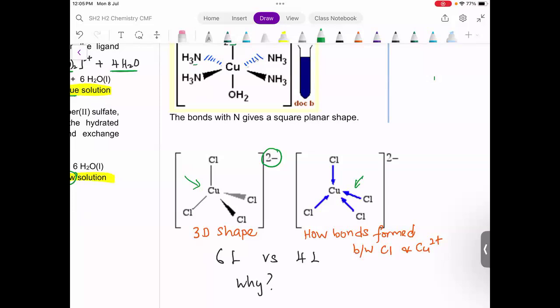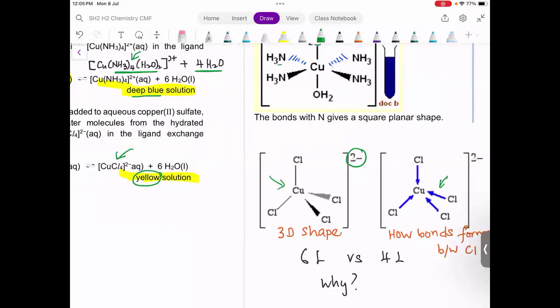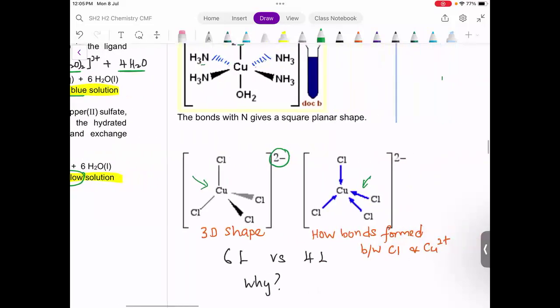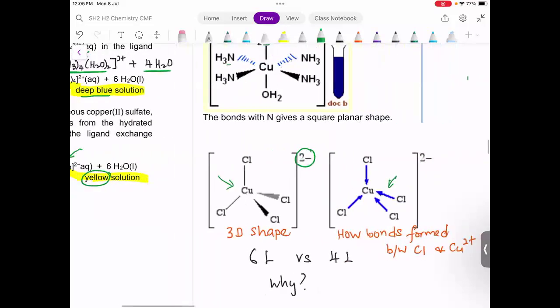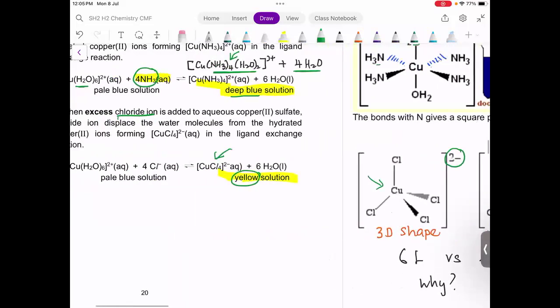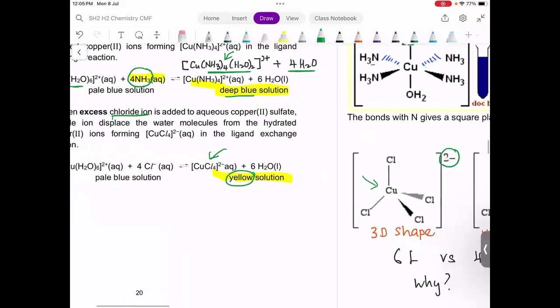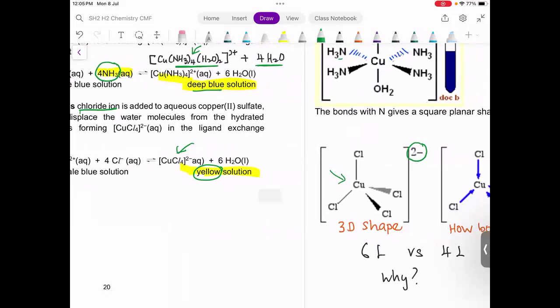Larger size means that it can accommodate fewer ligands around the same cation center. You must know how to answer this. It was asked in 2022. I mean, if you can remember. Okay, so far so good.